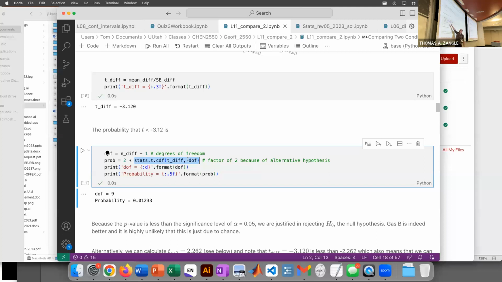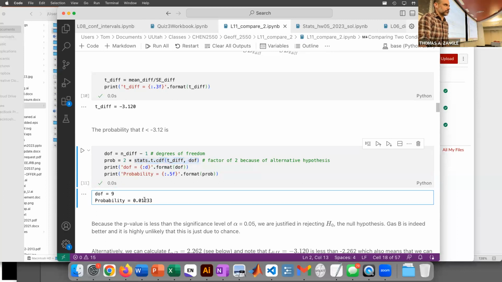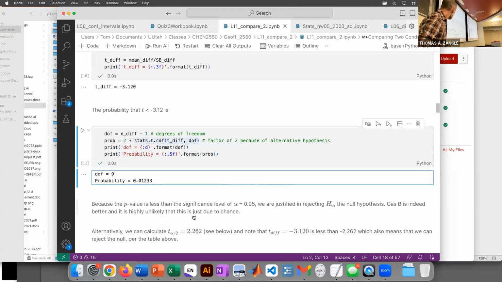So we multiply that probability by 2, and we end up with an end result that we only expect to see a result as extreme as what we observed about 1.2% of the time. So our p-value is about 0.012, which would mean that at a significance level of 0.05, we've definitely rejected the null hypothesis.